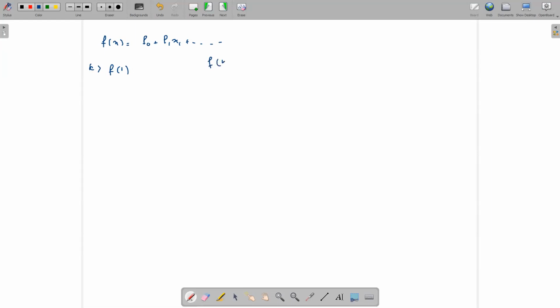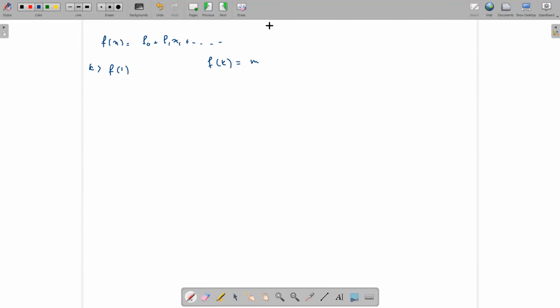Whatever value we get, we express it in base k. So how am I expressing it in the base of f of k? That's what I'm asking. I have got the value of f of k, say, suppose, m.